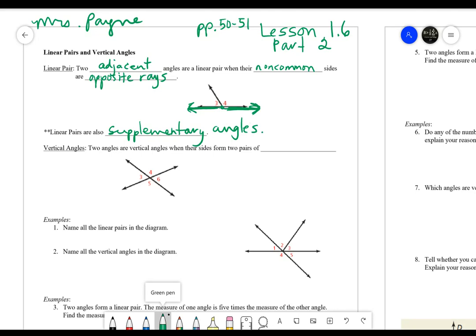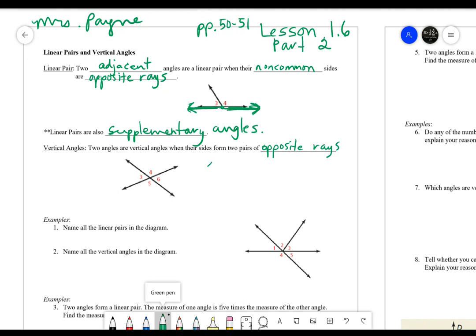All right, now vertical angles are super duper important throughout the entire year, so get to know them now. Two angles are vertical when their sides form two pairs of, again, opposite rays.